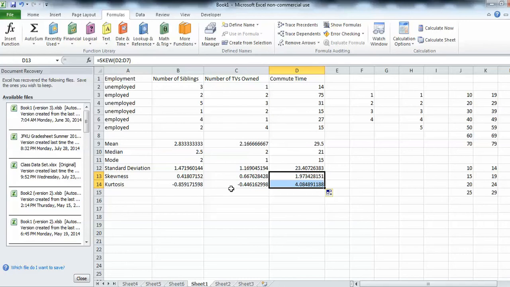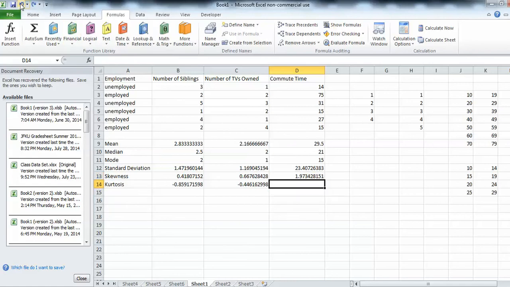And actually, if one of these values was outside and one of them was inside, for example, if I had -1.97 for skewness and 0.65 for kurtosis, I still wouldn't say that it's roughly normal because one of these two values is beyond -1 or beyond +1.